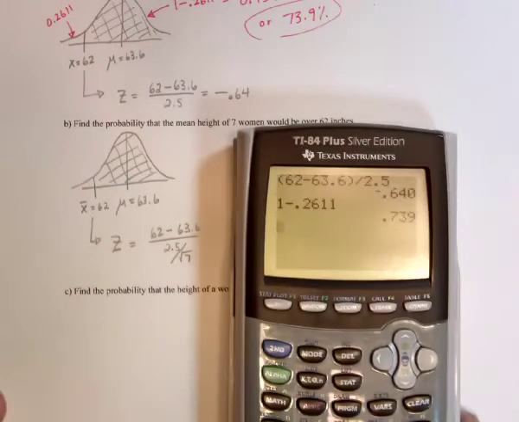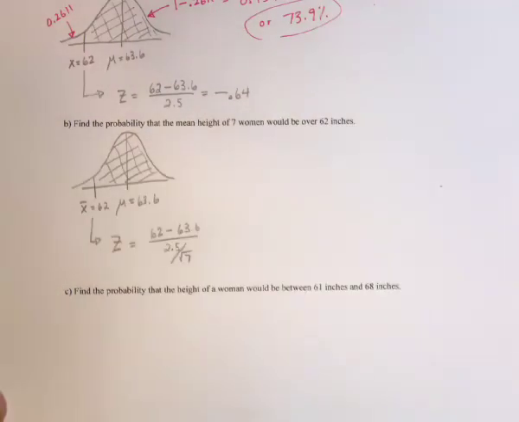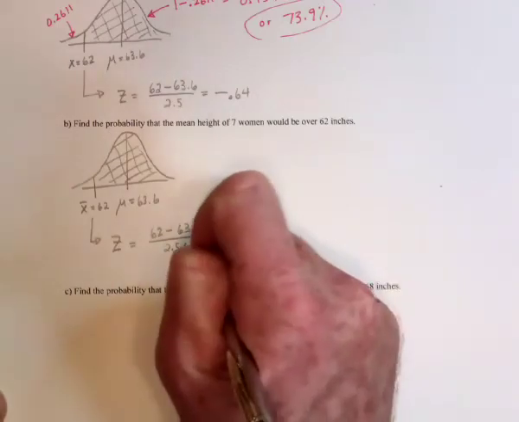So that's going to be, well, I need the numerator in parentheses, so 62 minus 63.6 in parentheses, and then divided by, put the denominator in parentheses, 2.5 divided by the square root of 7. And then I'm going to need 1 parenthesis to stop the square root and 1 to stop the fraction. It turns out to be 1.69. Like I said, z-scores need to be rounded to 2 decimal places, so negative 1.69.